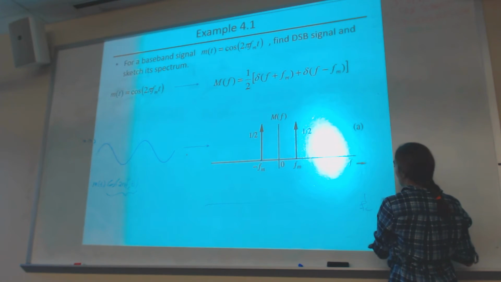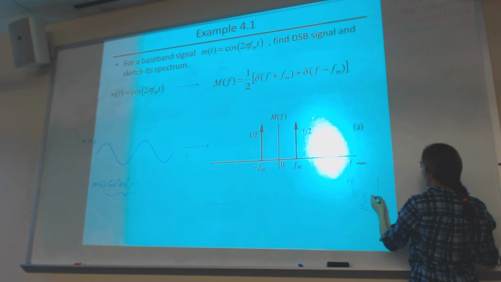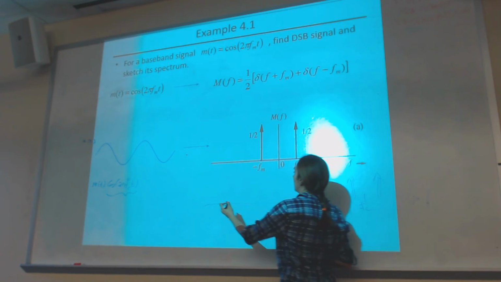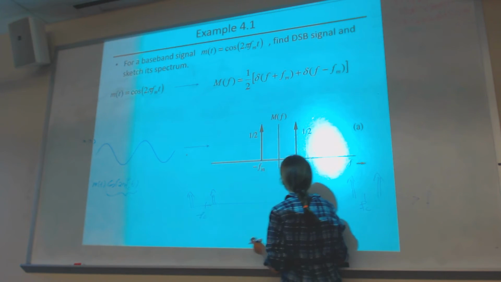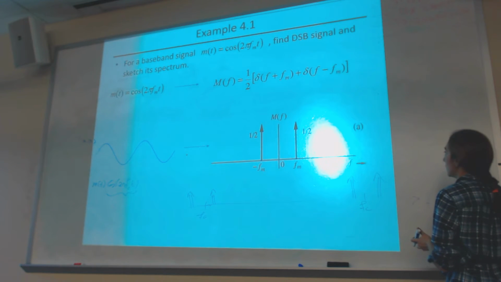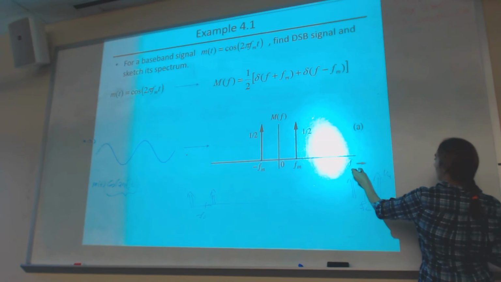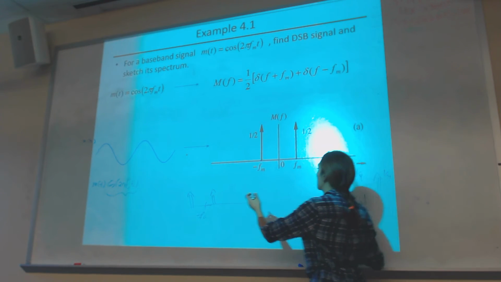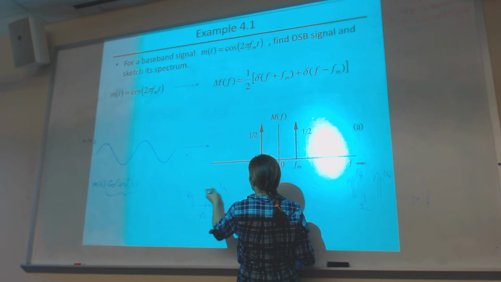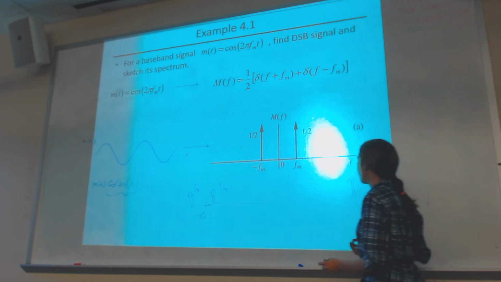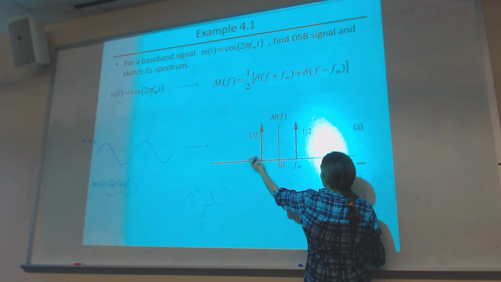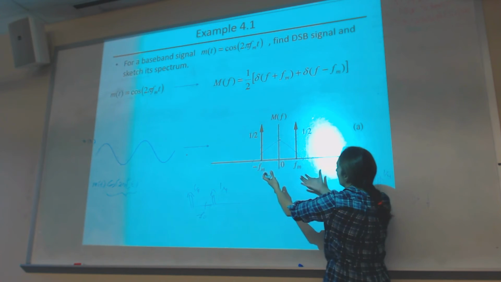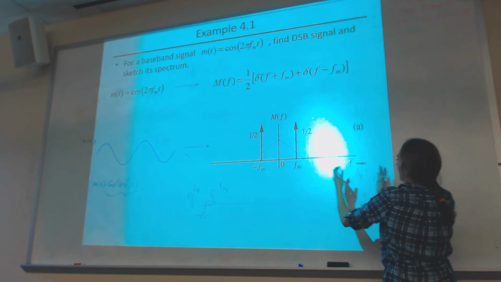So I'm going to have 2 deltas at fc and 2 deltas at minus fc. And this is a quarter, because during this operation the amplitude halves. Up until now we were looking at spectrums like that, but it really doesn't matter. Even the spectrum could look like this.